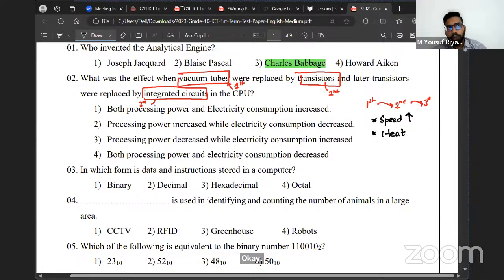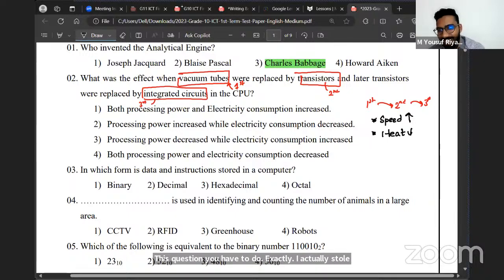The amount of heat produced. This question you have in the tute. Exactly, I actually stole the question from here only. Heat reduced. In terms of size, did the size reduce or increase? Size also reduced.